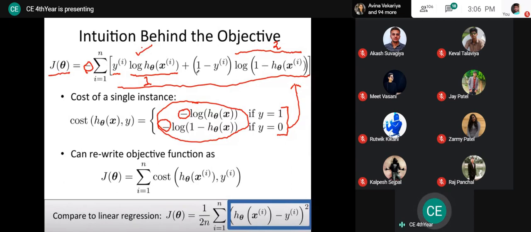Now let's observe the second half, that is 1 minus y, but what is y right now? That is 1, so 1 minus 1 is 0, so this second term will get cancelled out. Fine, so once again we'll have the same equation for y is equals to 1. You can say the first half, right?